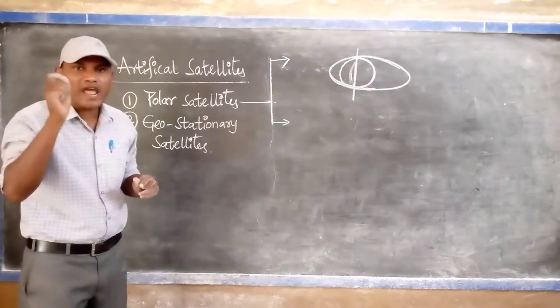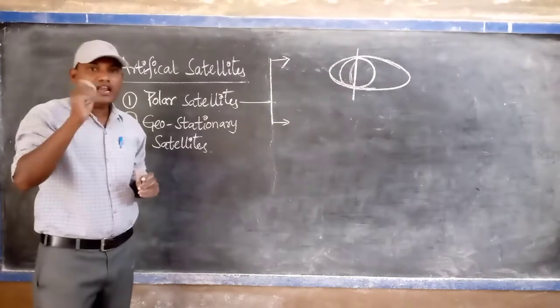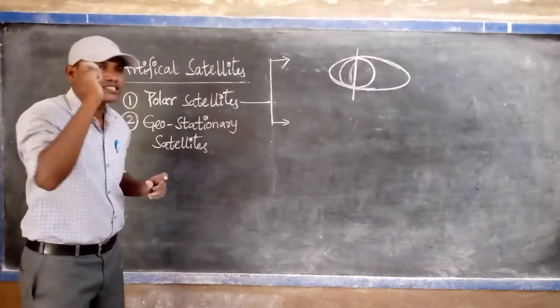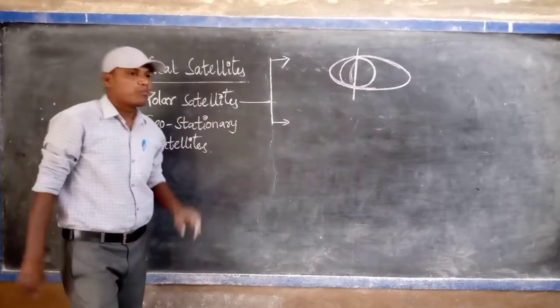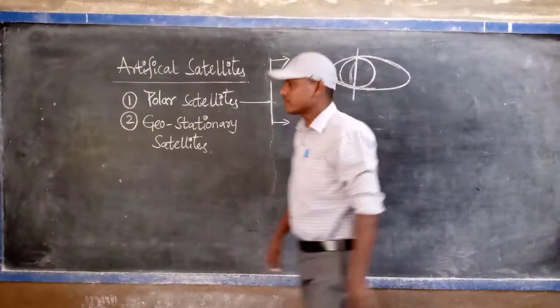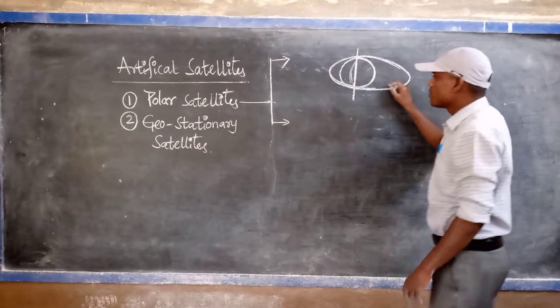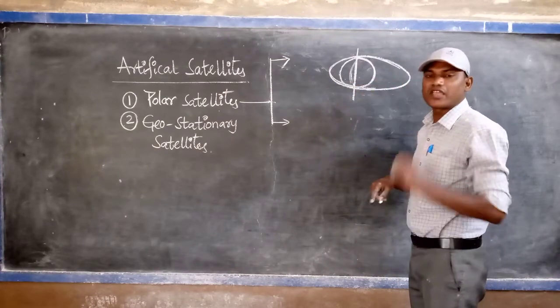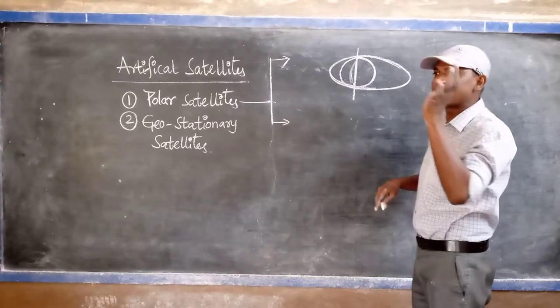What is that? The satellites whose time period of revolution around the Earth is nearly 100 minutes, those satellites we call polar satellites. Polar satellites complete one rotation around the Earth in only 100 minutes.